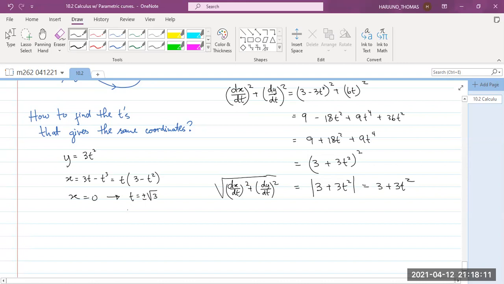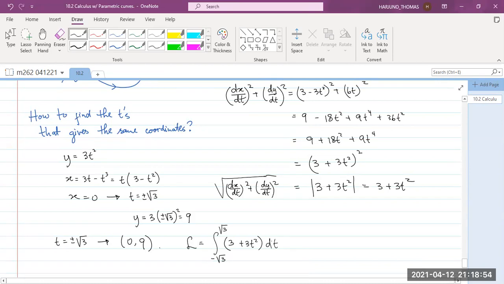But then the y will be the same, right? We have different t's for exactly the same x and y. So t equals plus or minus radical 3, and we get the coordinate (0, 9). So the integral will be from negative radical 3 to radical 3 of 3 plus 3t squared dt.